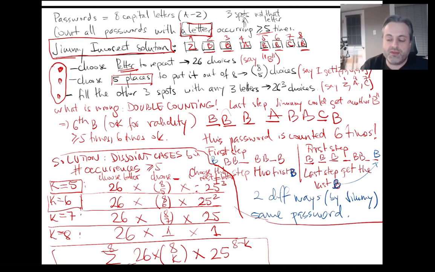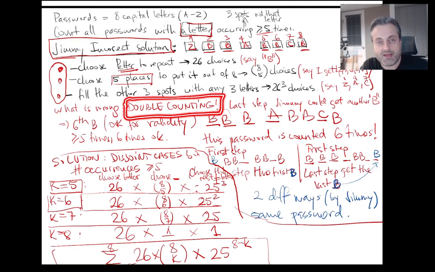Ask yourself, am I double counting? Is it possible that I can produce the same exact password in this case with 2 different choices? I can choose, say, different letters or different spots and then fill the other spots, and somehow I get the same password. That's the point of this problem.